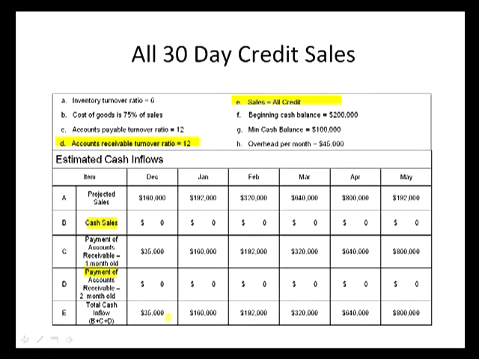So we see that the $160,000 in sales in December appears on line C under the column for January. And the January sales of $192,000 in line A appear in February on line C, as there is a 1-month delay in receiving the cash from the sales the previous month. We can repeat this process through the rest of the months on the table.